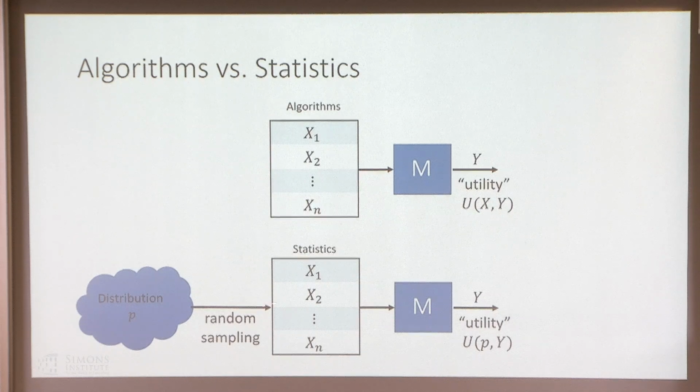That distribution generates some data set x1 through xn. Then you feed that data set into an algorithm, which will give you some output y. And the idea is you get a utility that's some function of the original distribution and the output. Essentially, you want to approximate the original distribution, not the actual data set. That's clear?